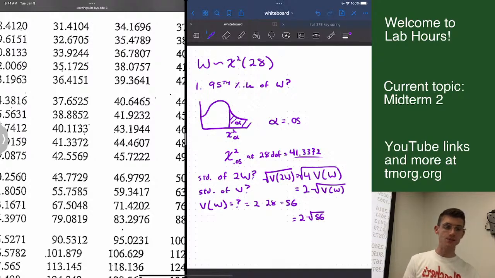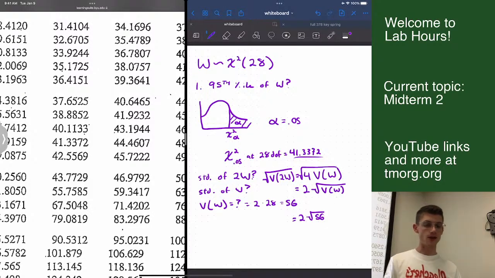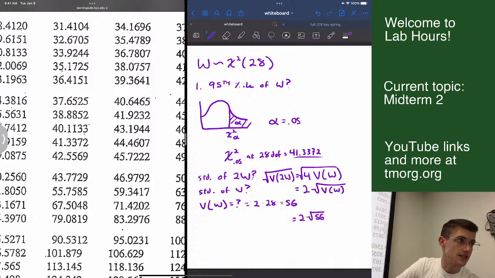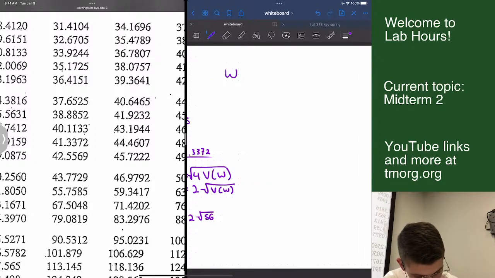So that must mean something, right? I bet it means that if you have 2 different W's that are both chi-squared distributions, and you multiply them together, then that is also a chi-squared distribution with degrees of freedom the first degrees of freedom times the second, or the first plus the second. Okay, so you're saying that W1 times W2 is distributed as chi-squared with W1 plus W2.